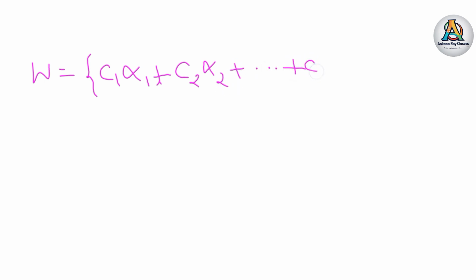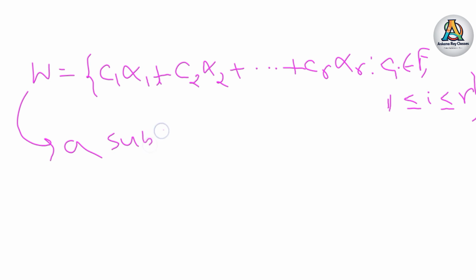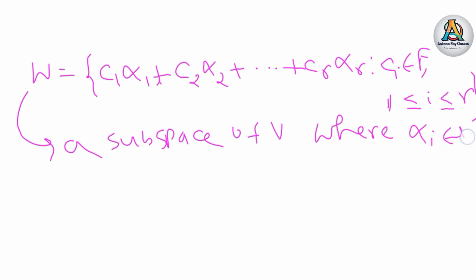Similarly, continuing, we can say that W equal to C1 alpha 1 plus C2 alpha 2 plus up to CR alpha R such that Ci belongs to capital F, where 1 less than or equal to i less than or equal to R, is also a subspace of V, where alpha i belongs to V, 1 less than or equal to i less than or equal to R.